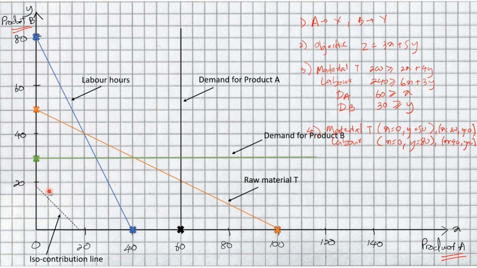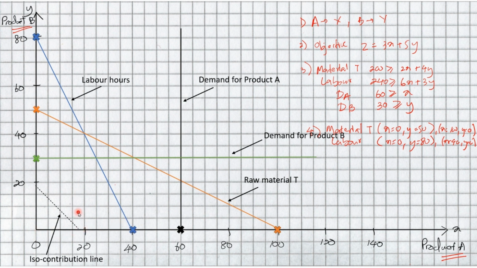And now let's move further. We can identify a point here. This is a feasible point. And let's move further. Is this a feasible point? This is not a feasible point. Is this a feasible point? This is also not a feasible point. And likewise, these 2 points are also not feasible points. Now let's move from the bottom. There are two feasible points, which is this point and this point.